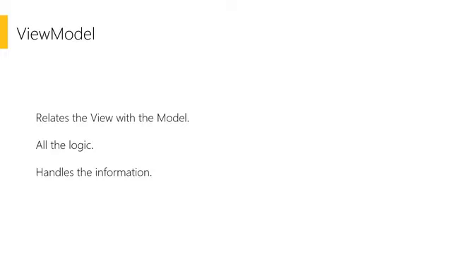Finally, the view model. Now, the view model is called this way because it establishes a relationship between the view and the model that we've already talked about. And it's in here where you would put all of the logic of your application. This is where every information is handled. Of course, this information that you handled is modeled the way your model tells it's modeled.